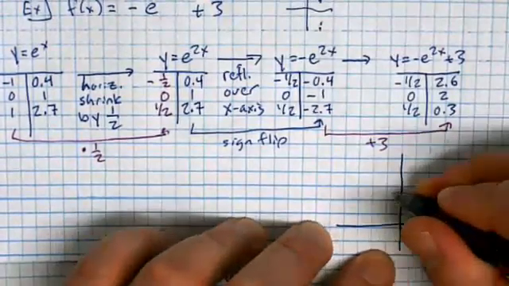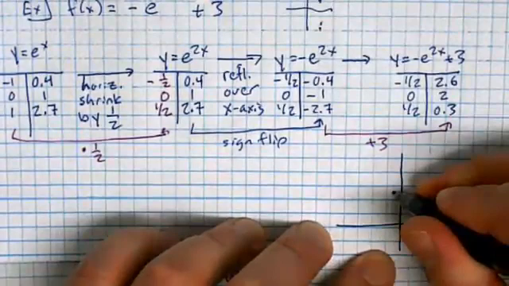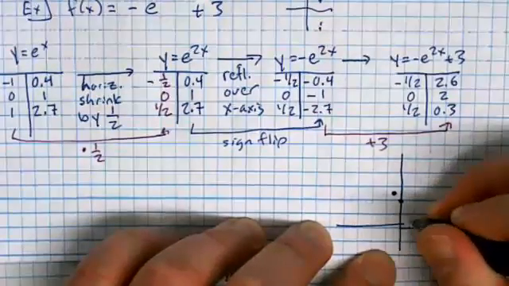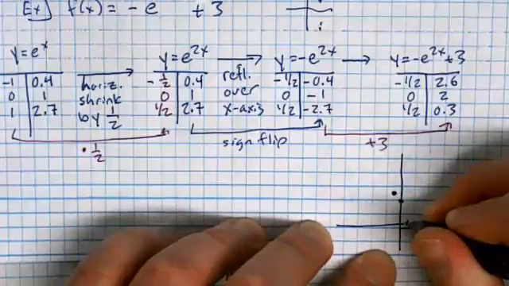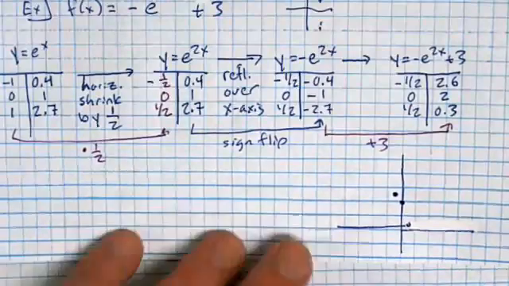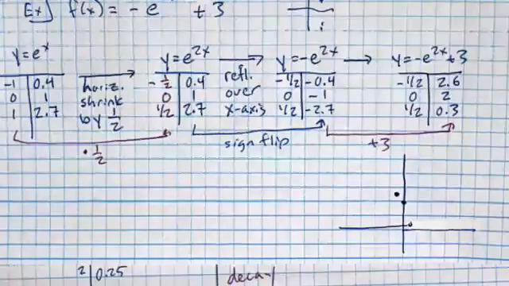Negative 1/2, 2.6-ish. 0, 2; 1/2, 0.3. All right, I'm a little unsure how to make that thing look.